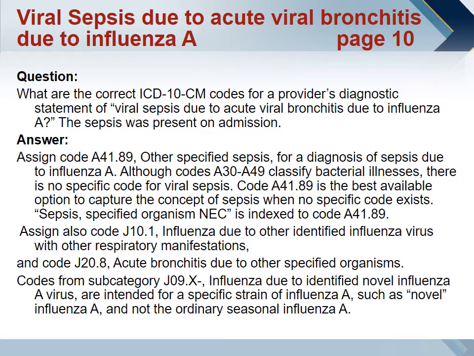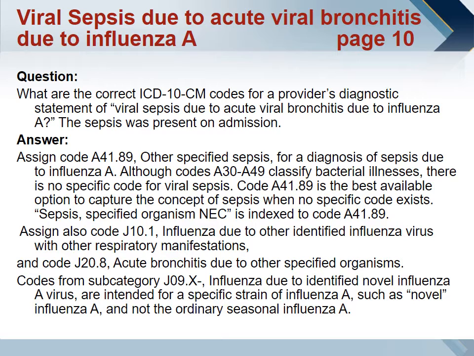You would also assign code J10.1, influenza due to other identified influenza virus with other respiratory manifestations. And the other respiratory manifestation reflects the presence of the acute viral bronchitis. And we would use code J20.8 to specify what the respiratory infection is specifically.